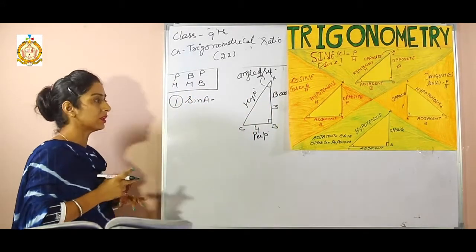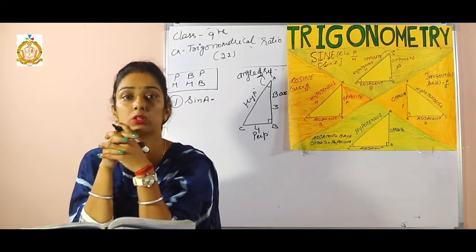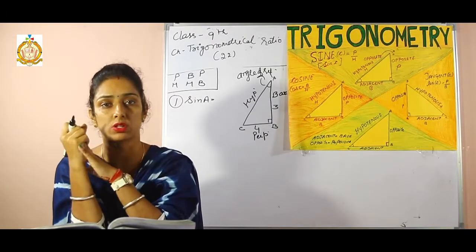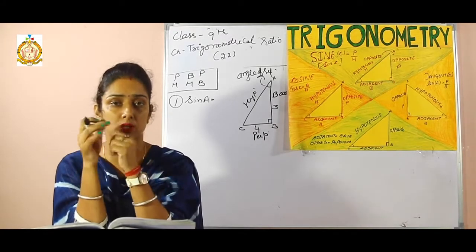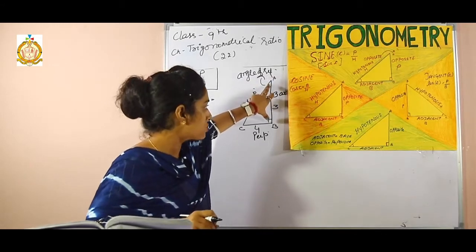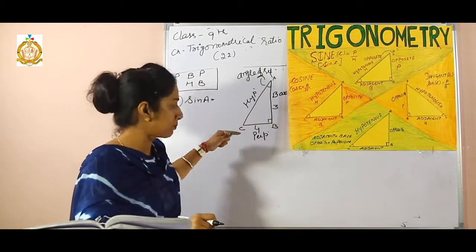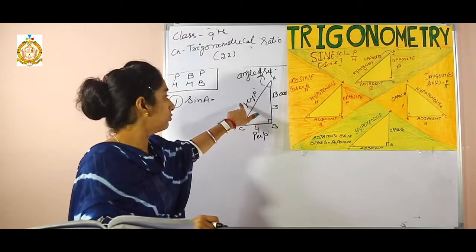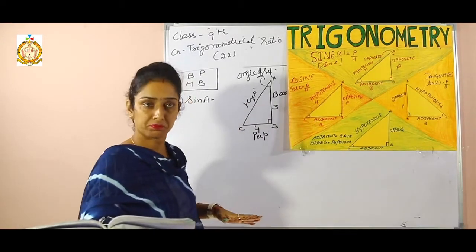Now, students, in the lower classes we have a concept about Pythagoras. That is H square is equal to P square plus B square, means hypotenuse square is equal to perpendicular square plus base square. It means if we add the squares of base and perpendicular, then we get the hypotenuse, because it is the longest side, right?